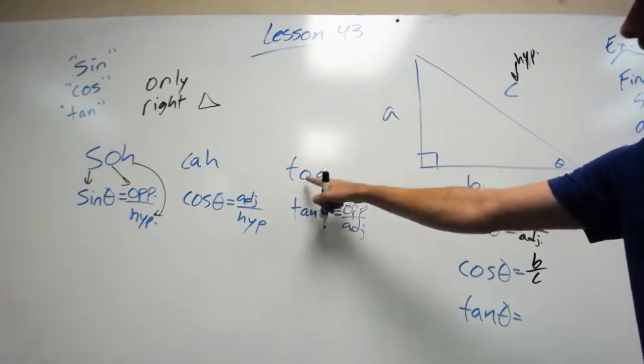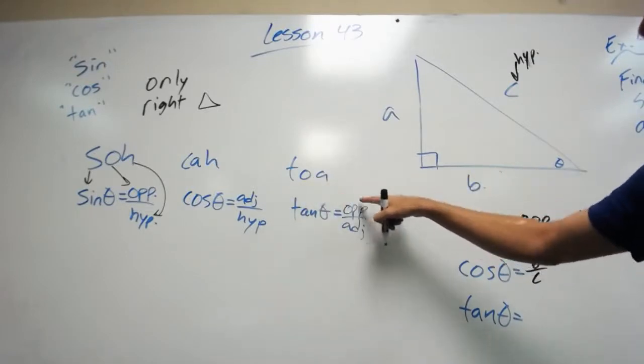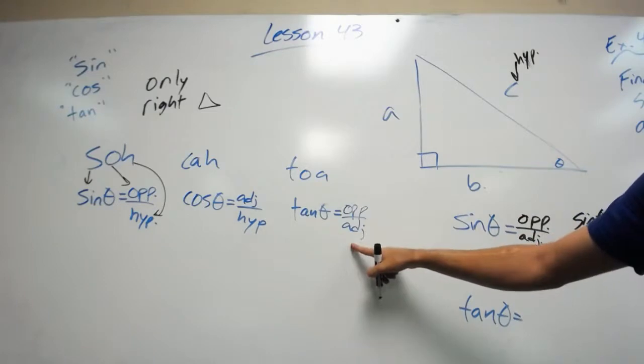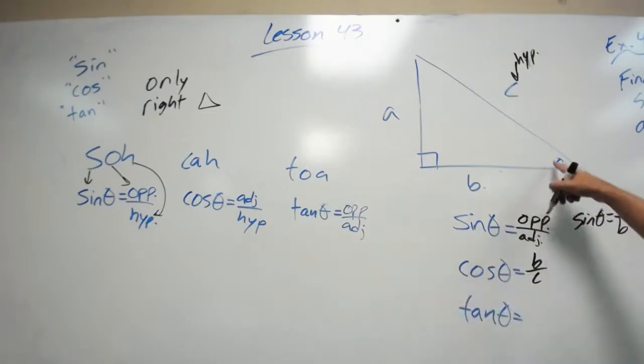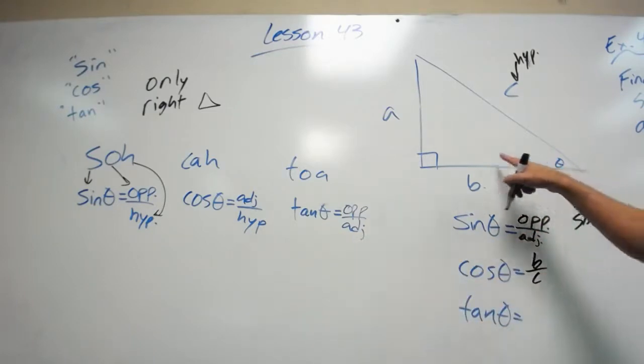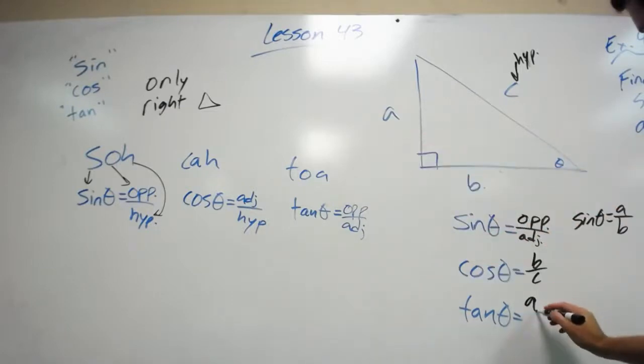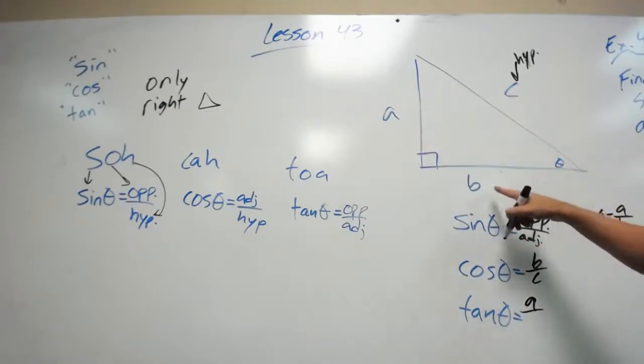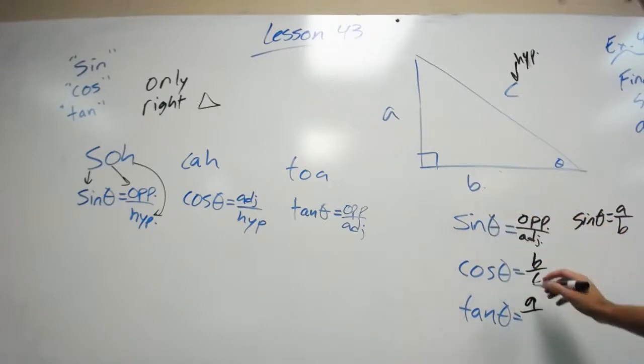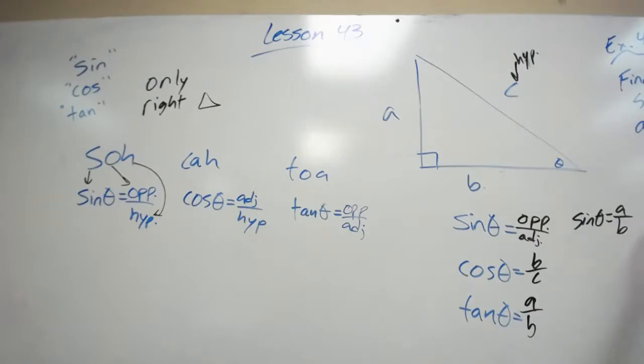Tangent equals opposite over adjacent. So opposite of theta is A. Adjacent to theta would be B. So A over B. So that's how you do these trigonometry ratios. That's how you set it up.